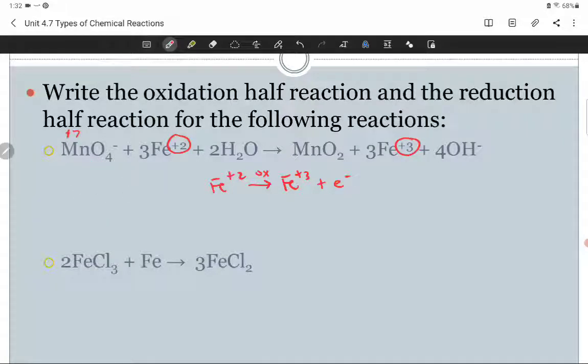And then on the other side, same exact idea. Oxygens are -2. There's 2 oxygens. That's going to give you a -4. This is a neutral molecule, a neutral substance, so manganese would be +4. So +7 and +4, they're not the same oxidation states, so therefore it changes oxidation state.